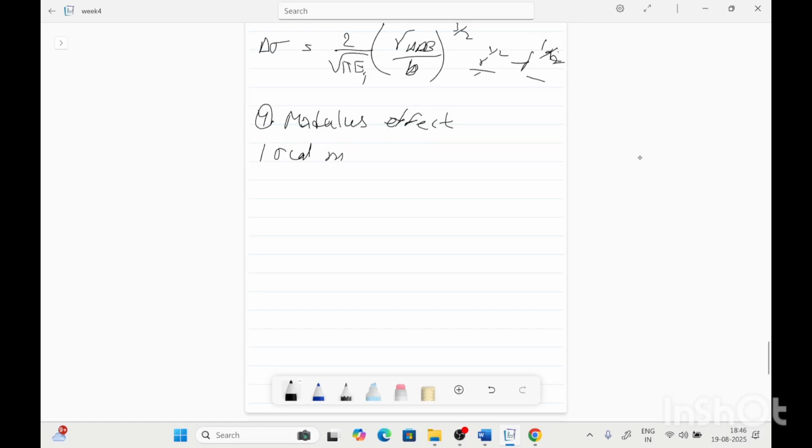So the local modulus effect changes in the precipitate. So due to this local modulus change, the energy of the dislocation will change.